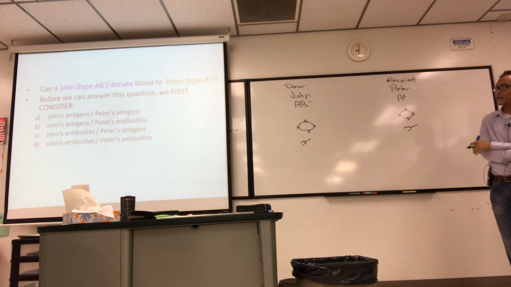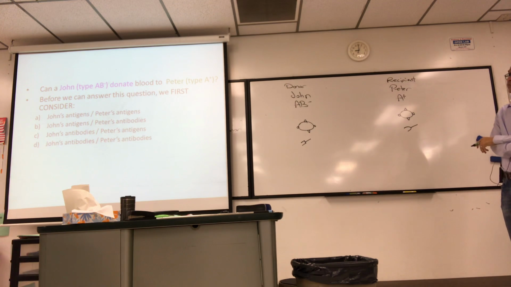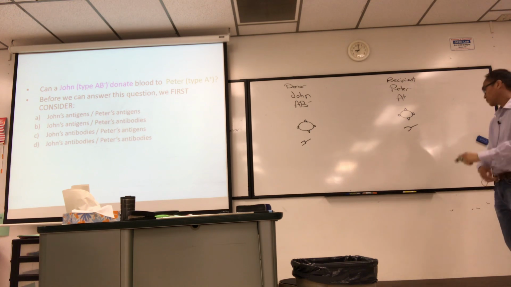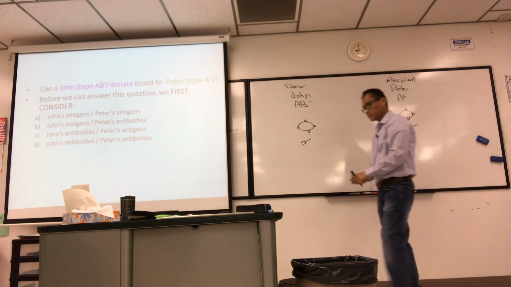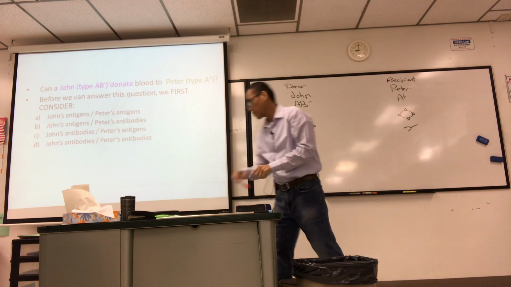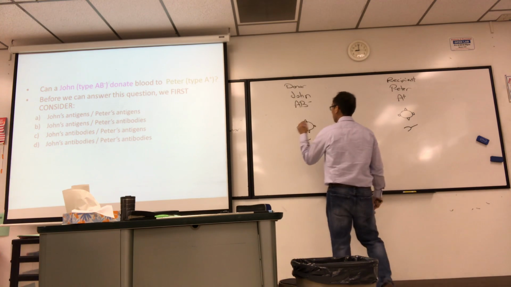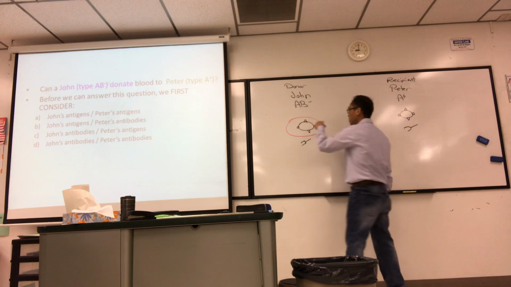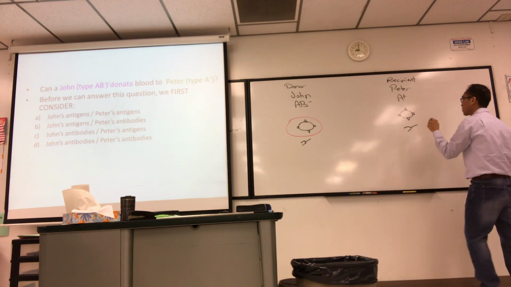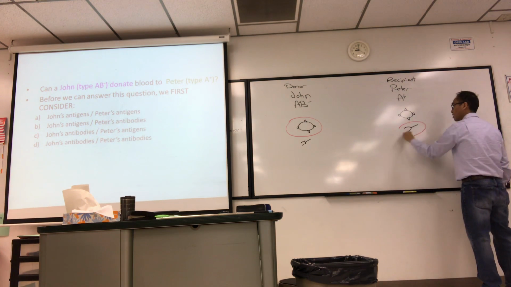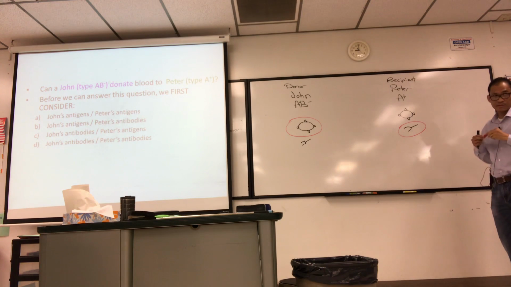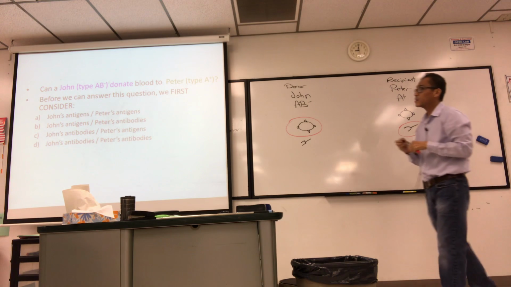So once you've got that all laid out, you should consider, of those choices, John's antigens on his RBCs, but Peter's antibodies, right? So of those choices, which one's the correct one?